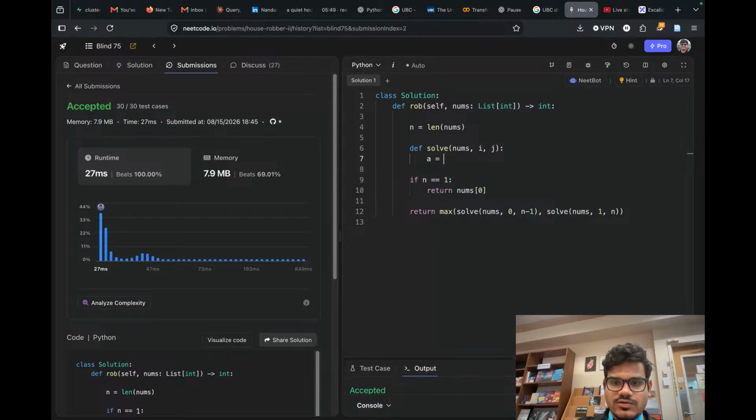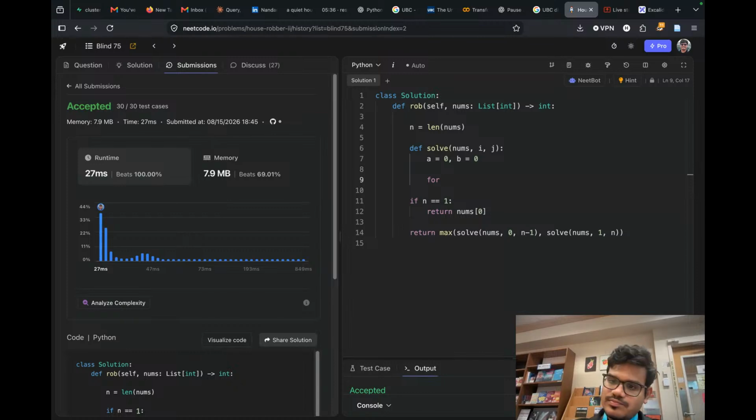Then the part of solving equal to 0, equal to 0, for index in range i to j.